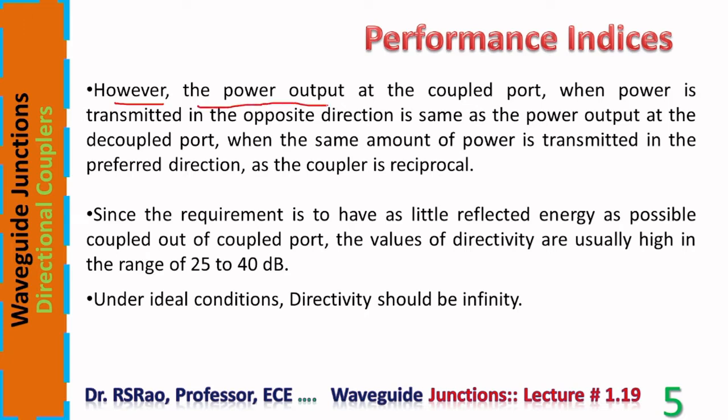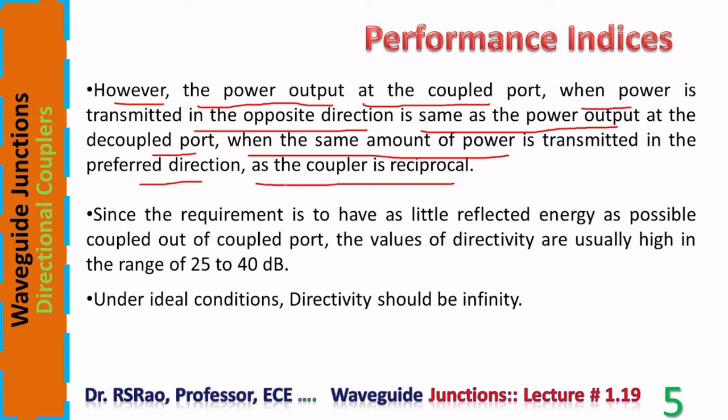However, the power output at the coupled port when power is transmitted in the opposite direction is the same as the power output at the decoupled port when the same amount of power is transmitted in the preferred direction, as the coupler is reciprocal.